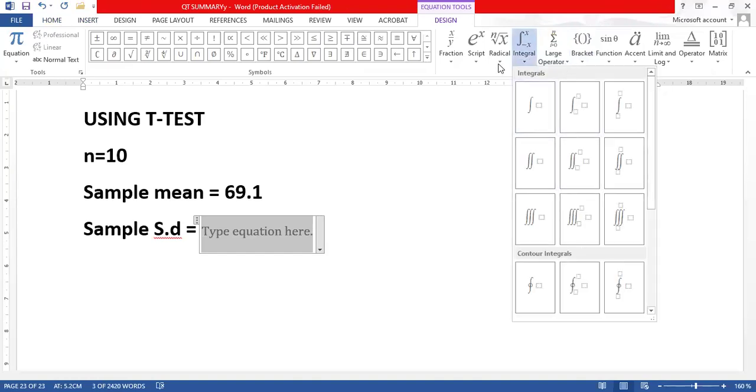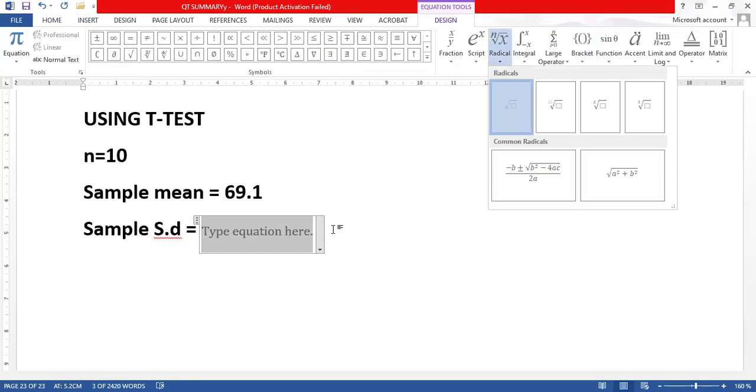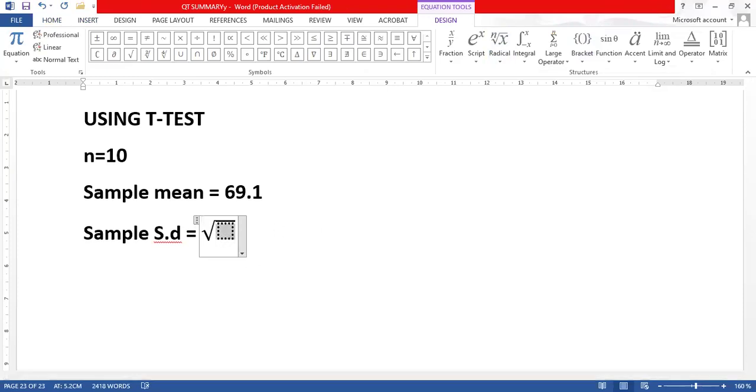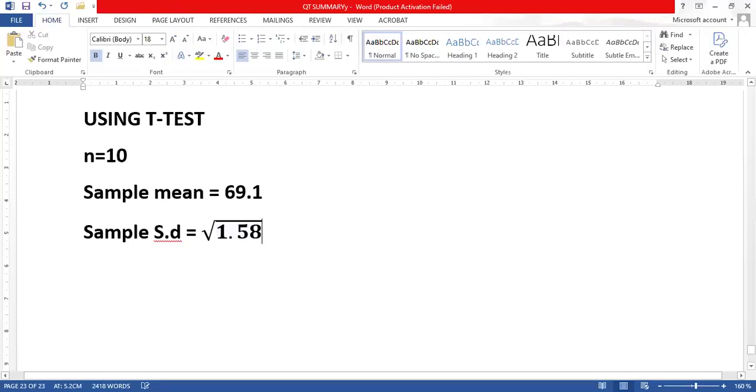And the variance given is 1.58. What do you get? Put some speed, guys. 1.256. That is standard deviation.